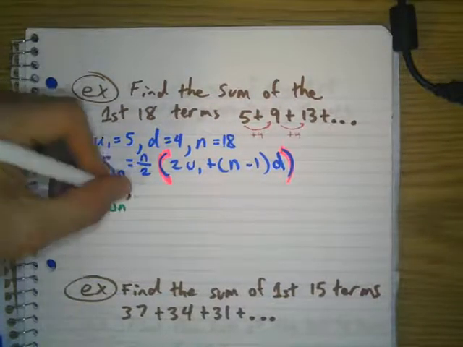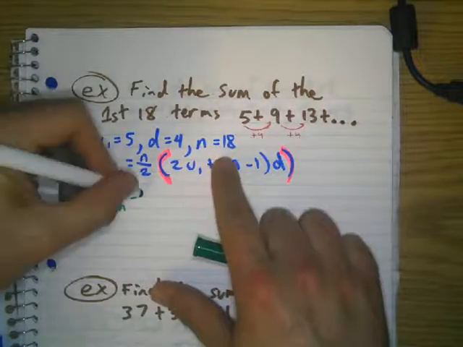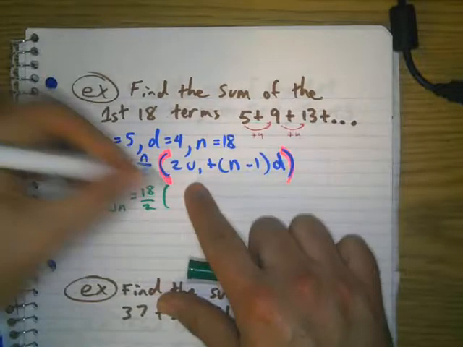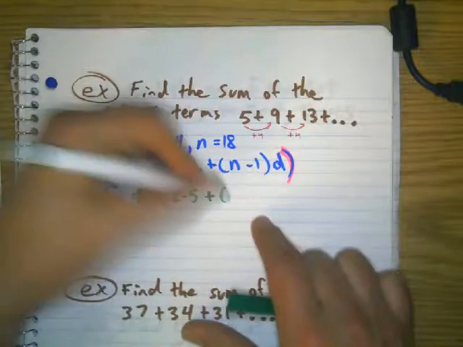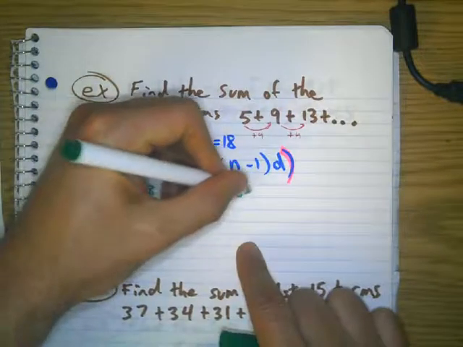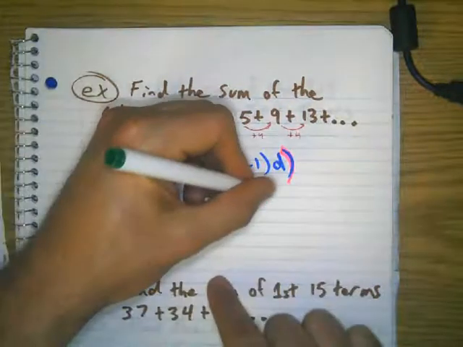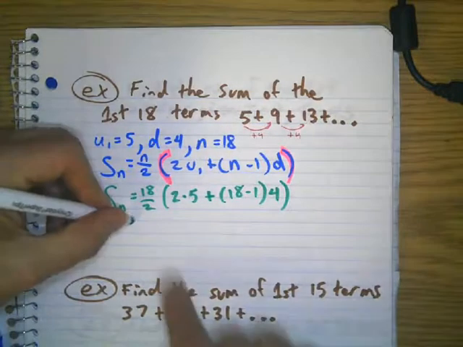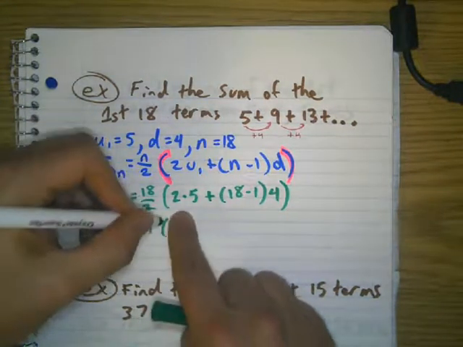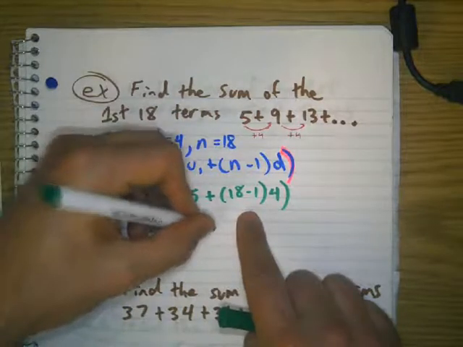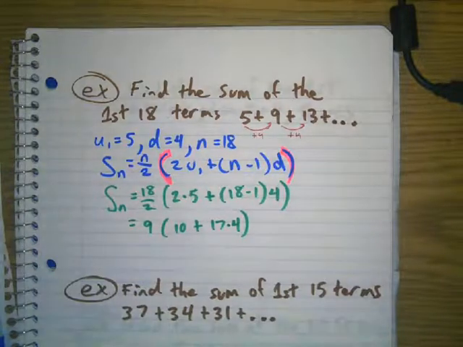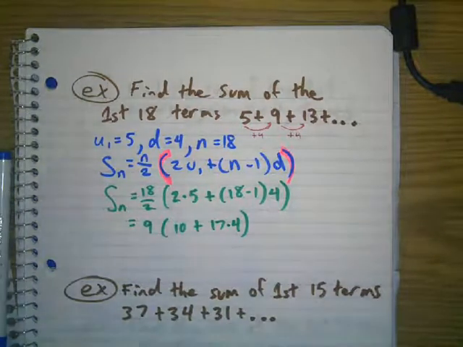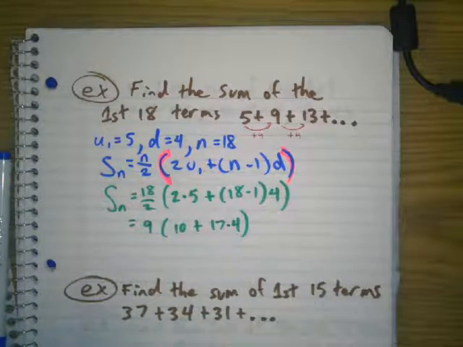So S sub 18 equals 18 over 2 times 2 times 5 plus 18 minus 1 times 4. Okay. So 18 divided by 2 is 9. 2 times 5 is 10, plus 17 times 4. Then we're going to get, well, what's 17 times 4? 68.